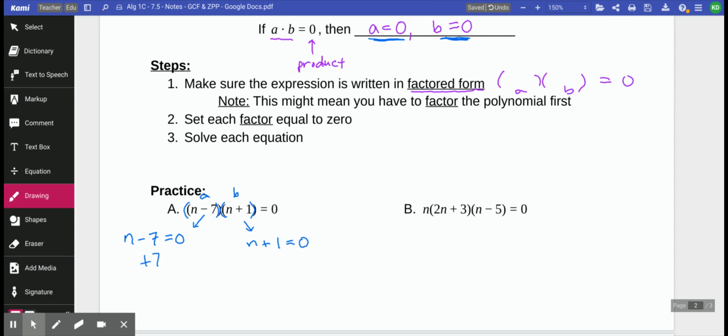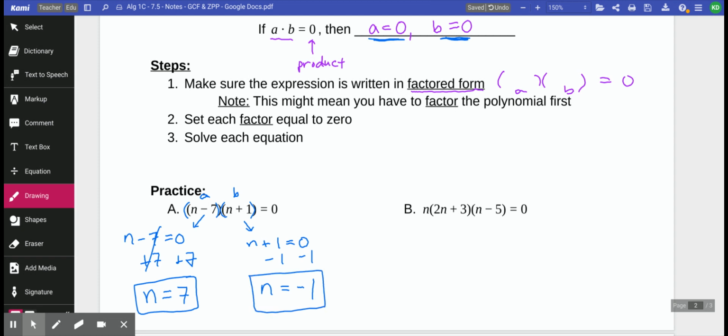And now I can solve these two equations. If I add 7 to both sides, I get n equals 7. That is one solution that makes this equation true. Same thing over here. If I subtract 1 from both sides, I get n equals -1. And there's my second solution that makes this equation true.